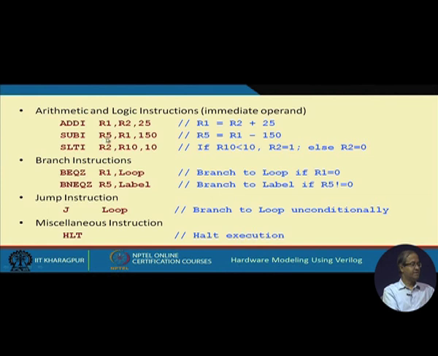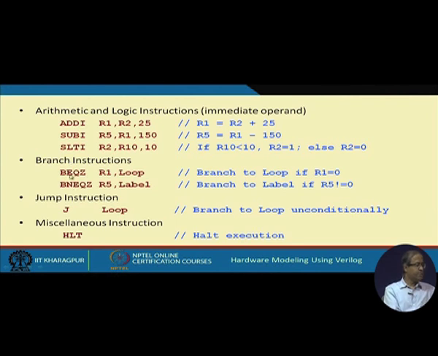Similarly, sub immediate R5, R1, 150 means R1 minus 150 is stored in R5. Similarly, there is a version of set less than immediate. You can write it like this: R2, R10, and a constant 10. Here you compare whether R10 is less than 10 or not. If it is true, then the target R2 is set to 1, else R2 is set to 0.